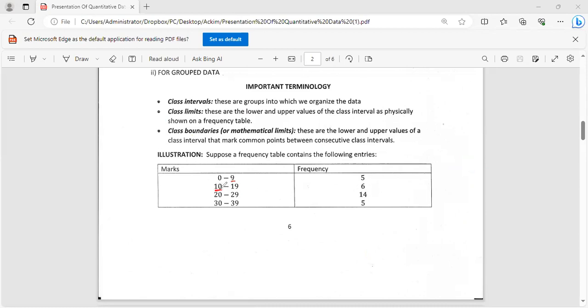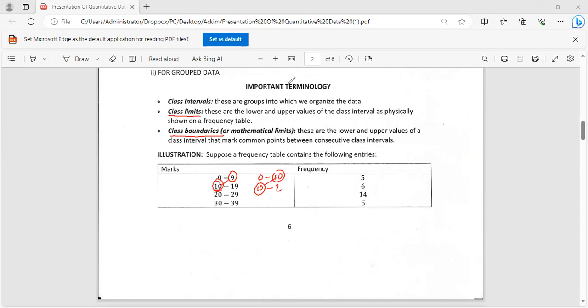There you have 9, there you have 10. These are limits if those two numbers are different. But if we have 0 to 10 and then 10 to 20, if the number that closes the first group is the same as the one that opens the second group, then these are boundaries. So 9 and 10, those are class limits.